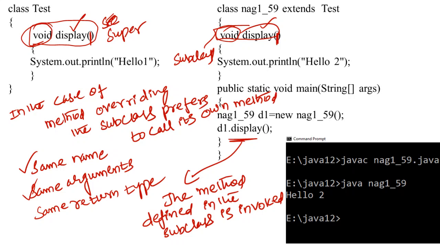What does it mean? Your subclass method overrides the superclass method. Therefore, you are getting hello2 as output.